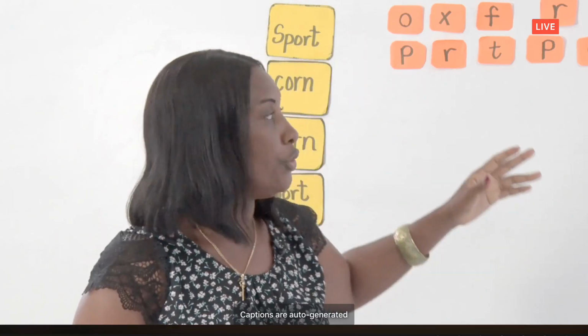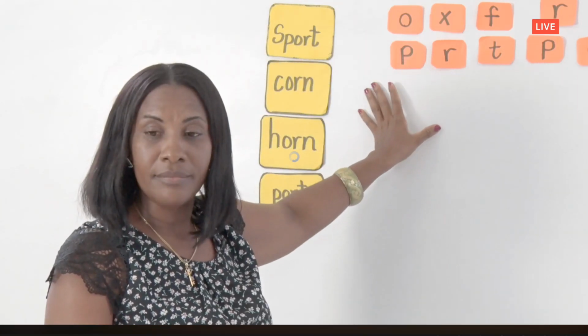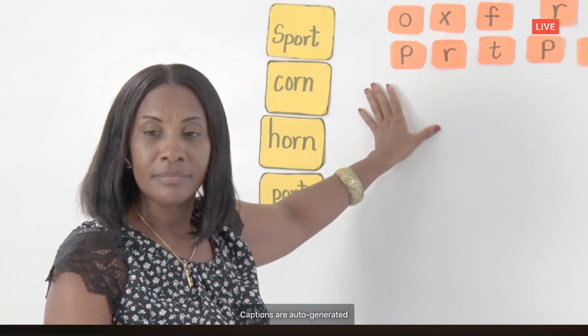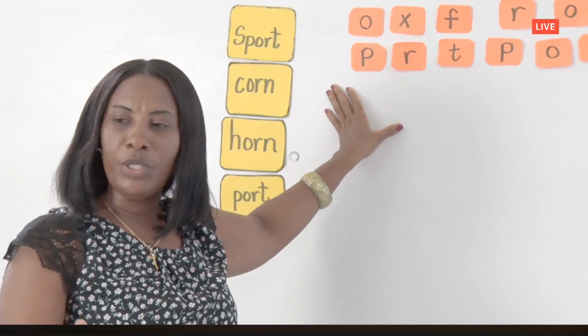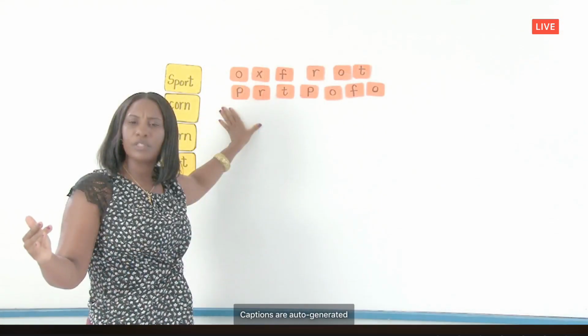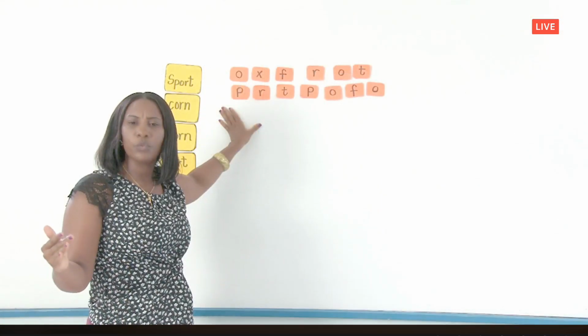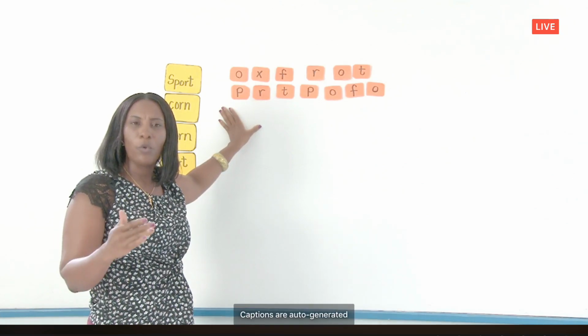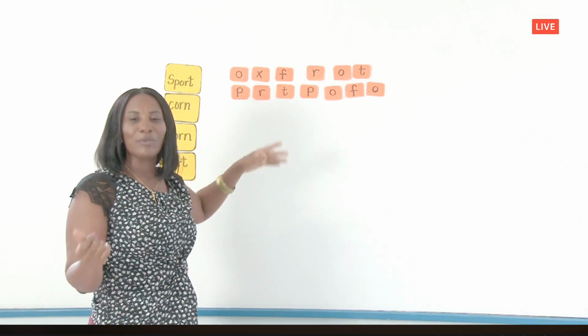Now at this time, we are going to do an activity called Build It and Change It. You're going to help me build the word using our letter cards here. And then we're going to change that word to one of the words in our poem.